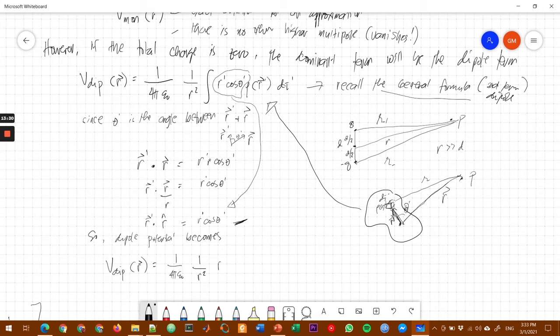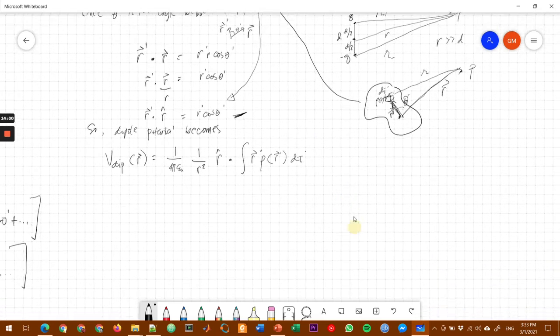So we have r hat dot with the integral of r prime rho r prime d tau prime. Okay? I hope you can follow.